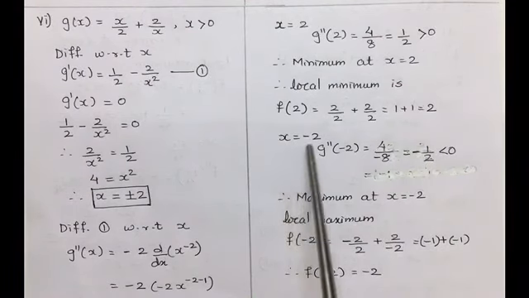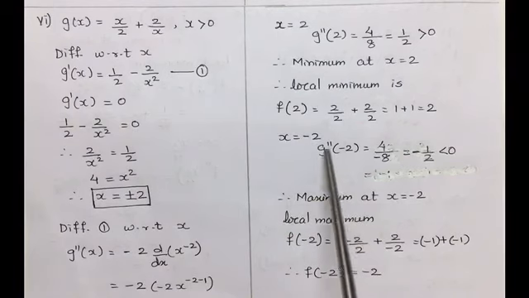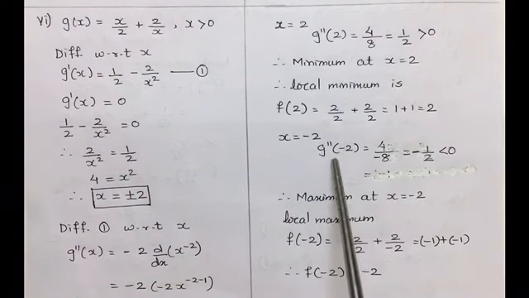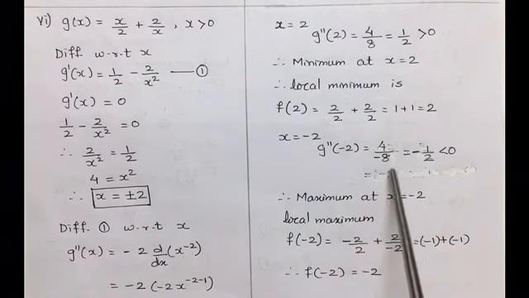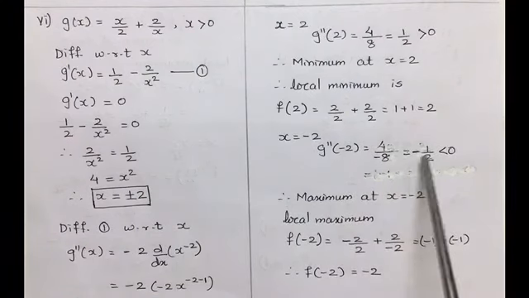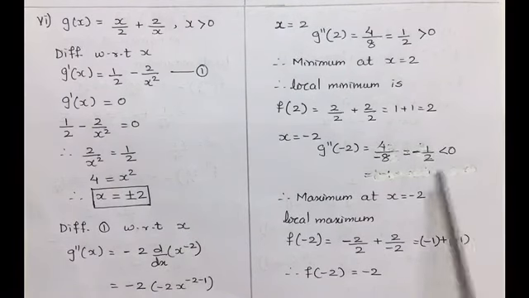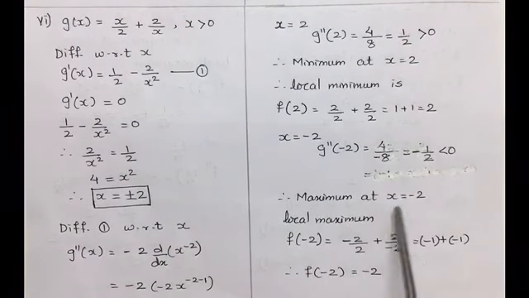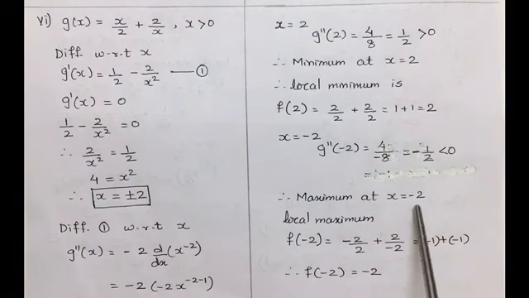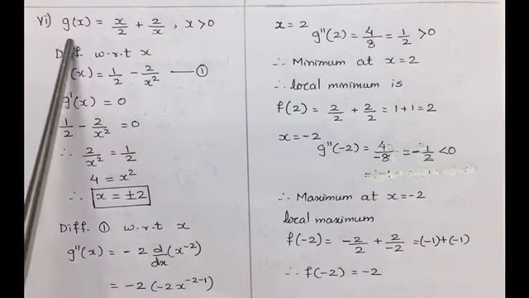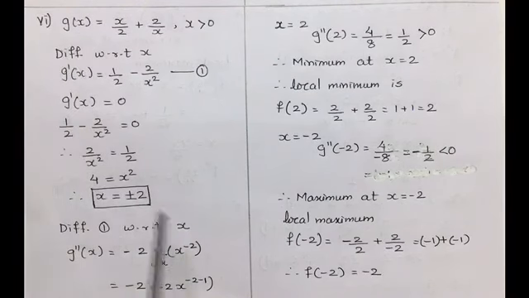And for x equal to minus 2, keeping it in the second derivative, we get 4 upon minus 8, and that gives us minus half, which is less than 0. Therefore maximum at x equal to minus 2. Now for the local maximum, we'll keep the value of x equal to minus 2 in the original function, g of minus 2.